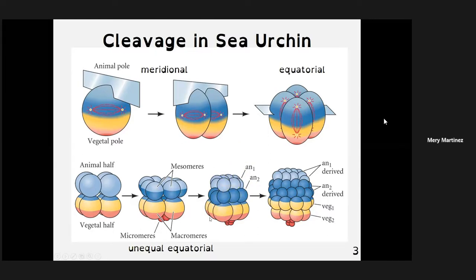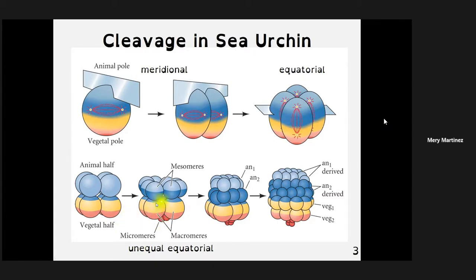So now we're going to have 16. And in this one, we're going to have a tier that is animal 1 and a second tier that is animal 2. Okay? Staggered above one another. The micromeres, the little ones in red, also divide, producing a small cluster beneath the larger tier.